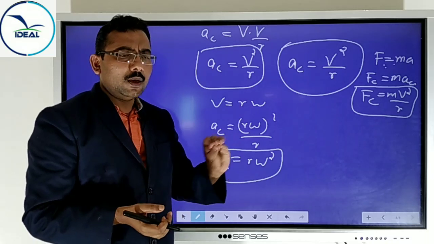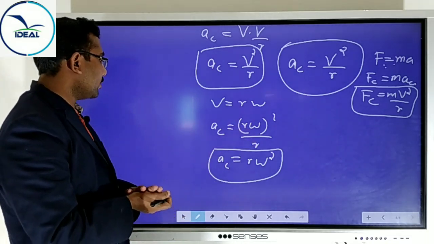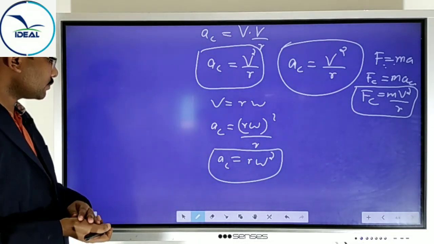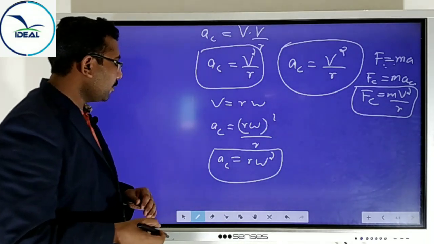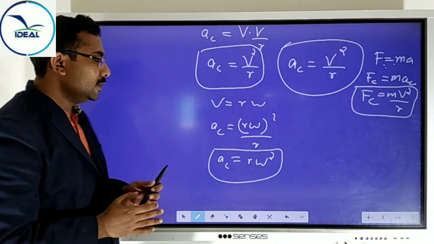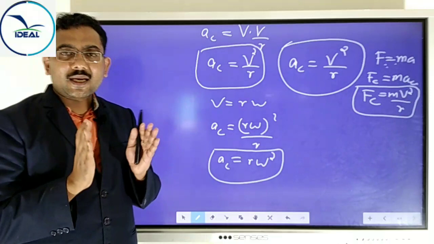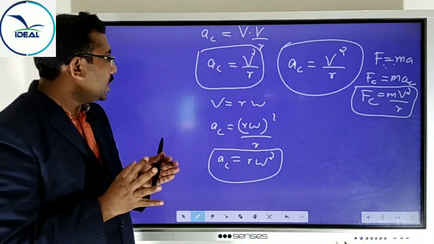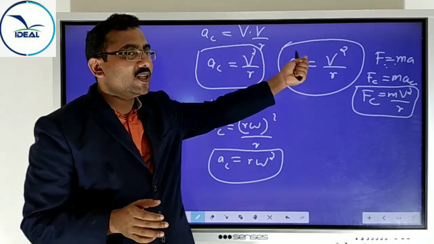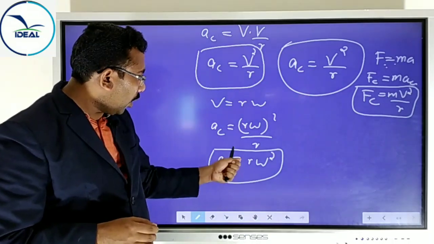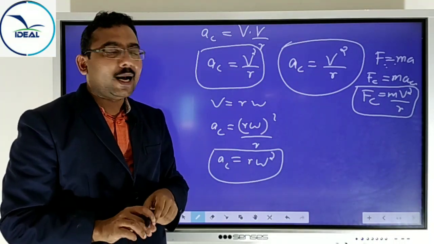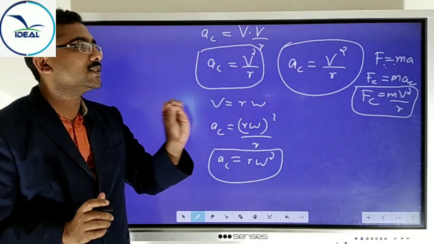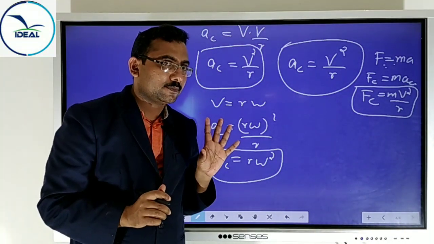We can use either equation in problems. The magnitude of centripetal acceleration is v square by r or r omega square, and the direction is towards the center of the circle.